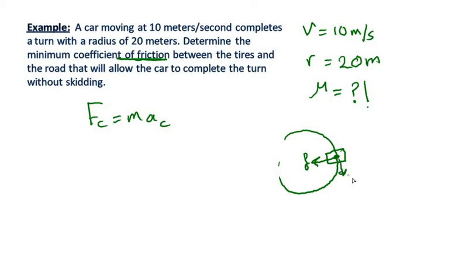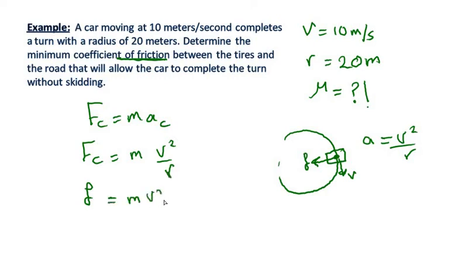This is v, the tangent, and the acceleration is calculated by v squared over r. Now, Fc is equal to m times the acceleration, which is v squared over r. The centripetal force here is the force of friction. So, the force of friction is equal to the mass times v squared over r.